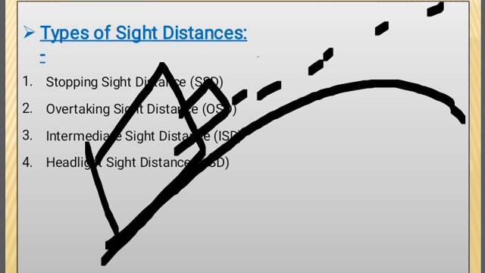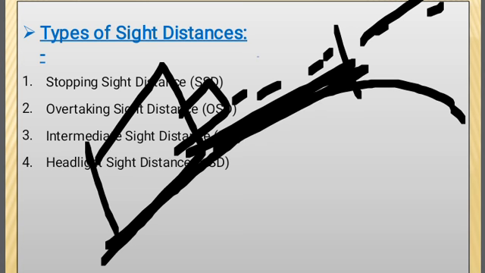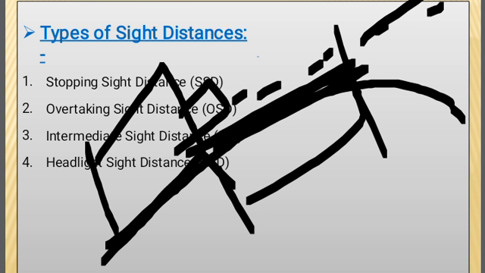The headlight applies its focus, and this focus goes beyond the road surface, but we are only covering this road surface by using the headlight. This distance will be the headlight sight distance, because the headlight extended beyond this point, but that light is not over the road; it falls on the other part instead of the road surface.